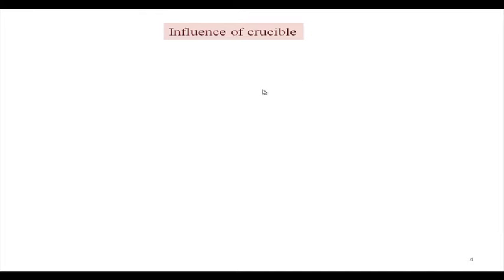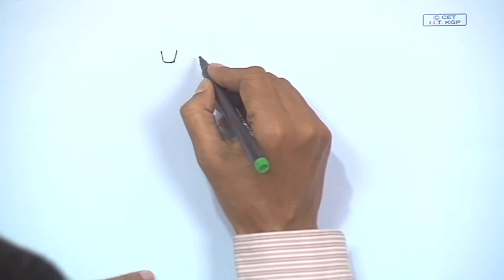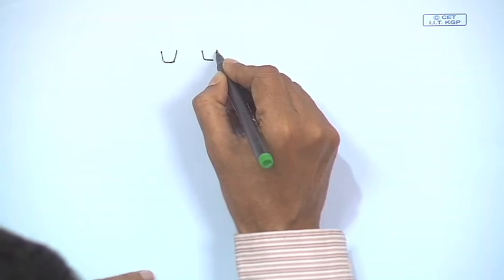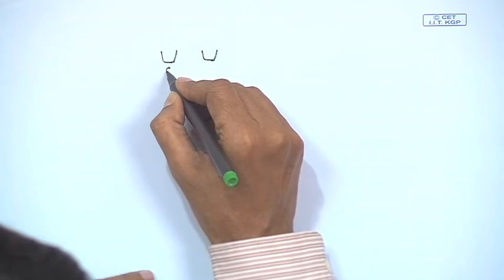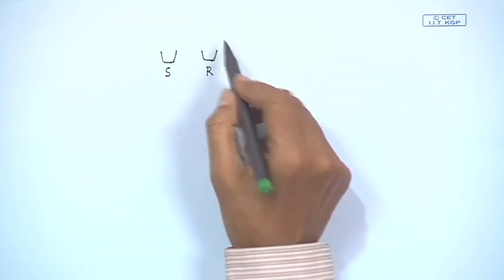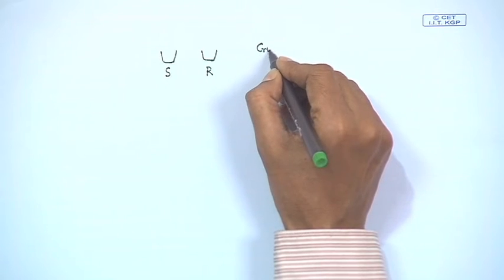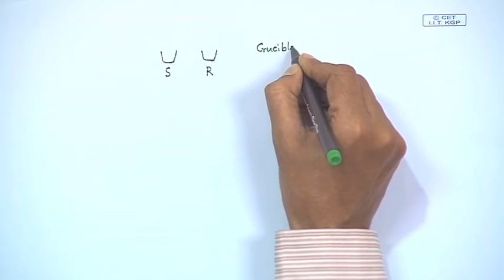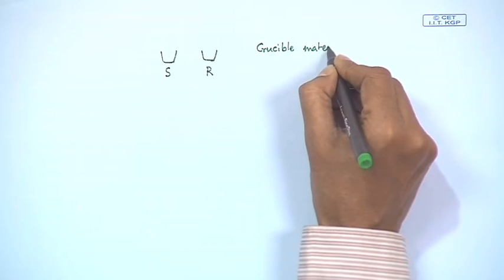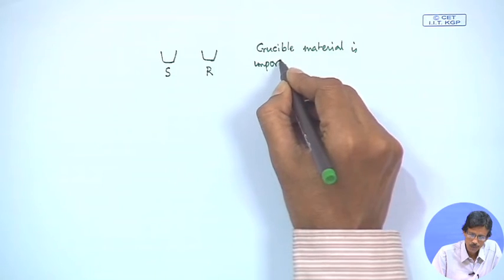Now, we will see what are the corresponding crucibles we are using within the furnace. We have very small crucible units. One we have seen that we can use as the sample, and the side-by is the reference one, and both of them are within the furnace. So, the crucible material is important.